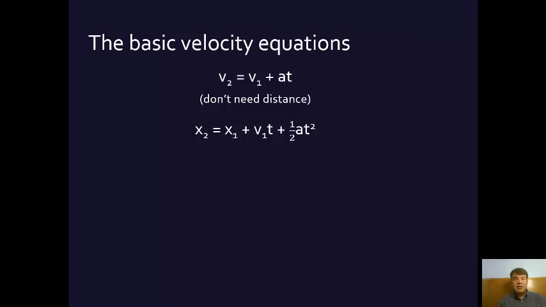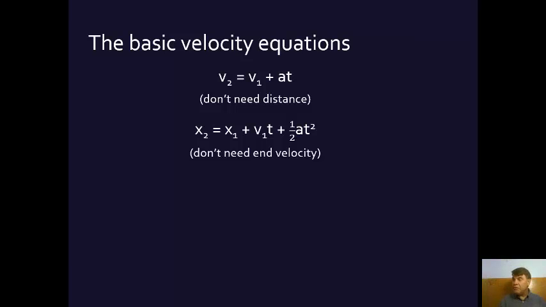The second is the distance equation. So let's say that you don't know the end velocity, but you know the velocity it had when it started, you know the amount of time, you know the constant acceleration, and you know how far along it was when you started. Now, of course, if it started at 0 velocity, that v1 just disappears. Or if it started at a distance that you're calling distance 0, then that x1 just disappears, and it simplifies the equation.